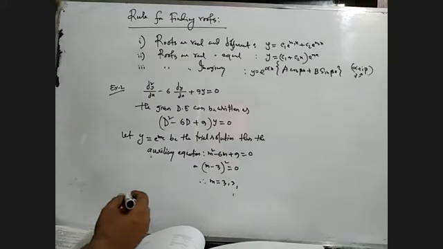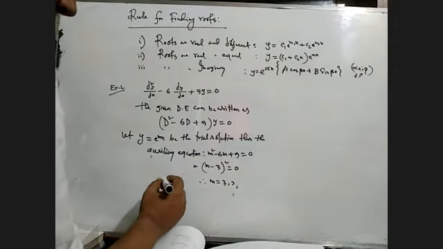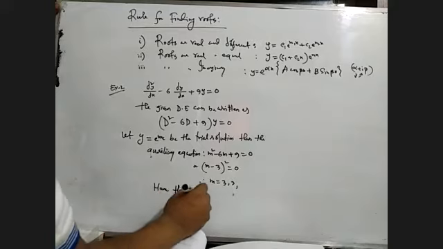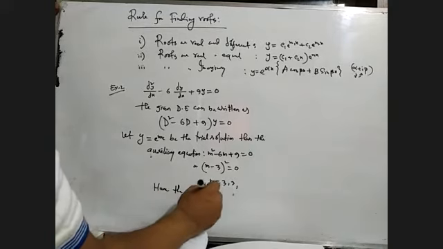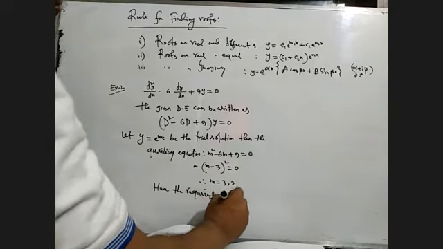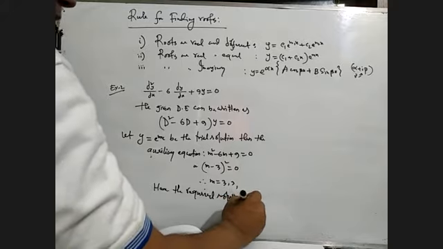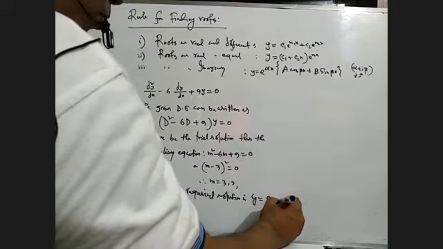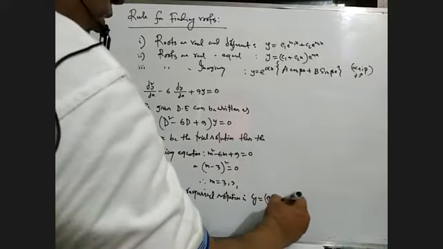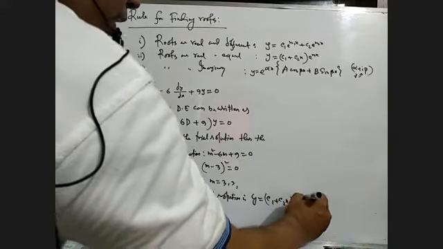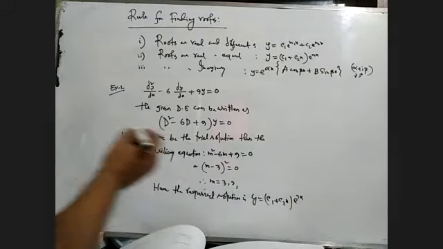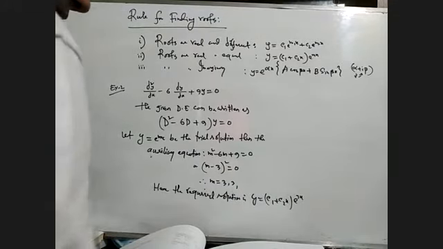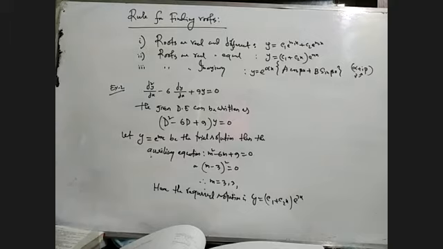So the required solution is y equals (C1 plus C2 x) into e to the power mx, with m equal to 3, so e to the power 3x. Very easy.